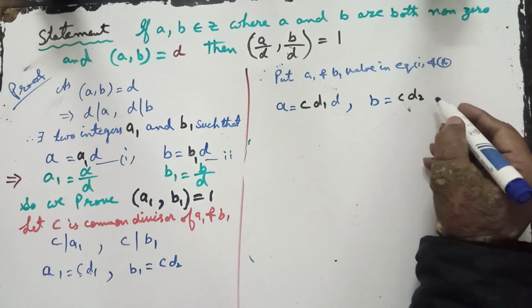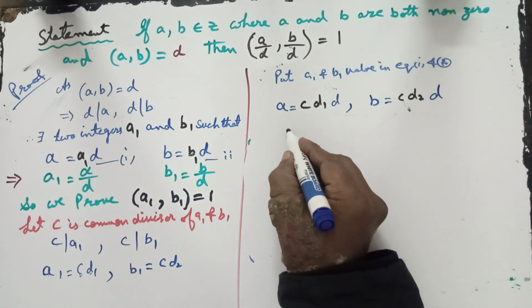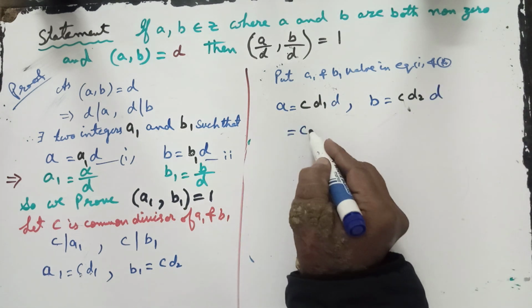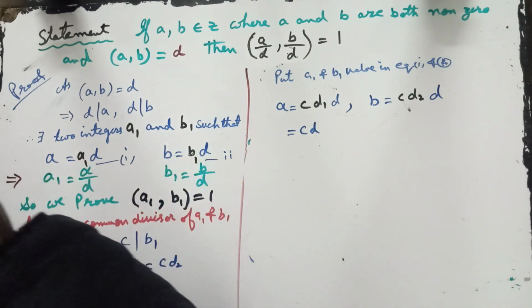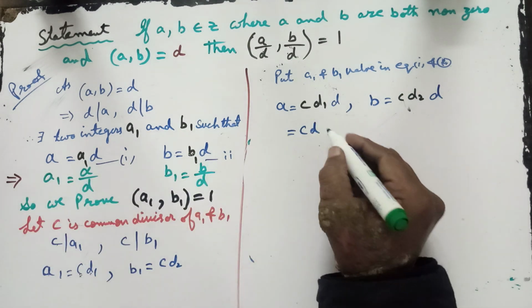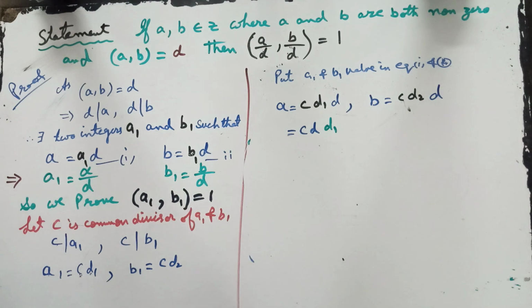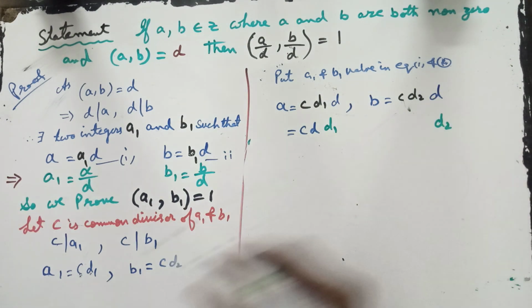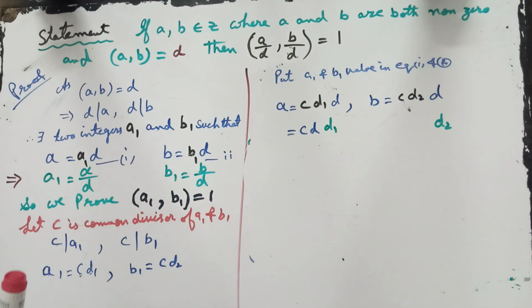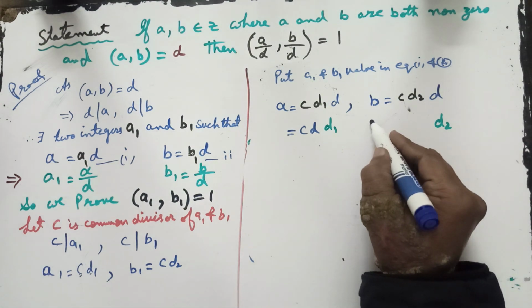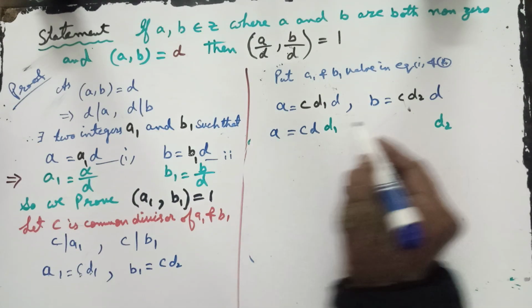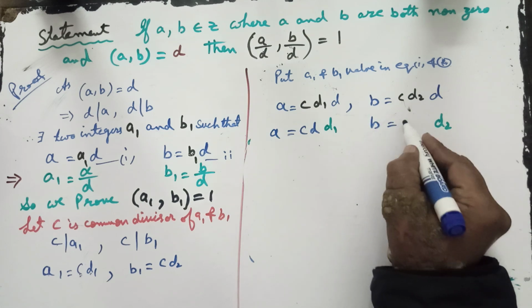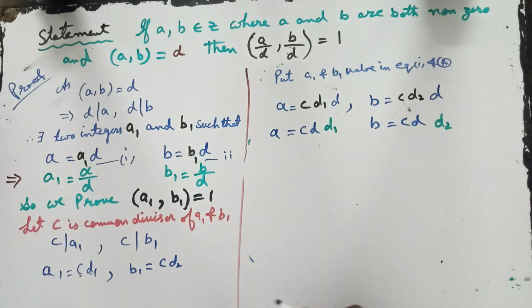Now can I write c d into d1? And here I write d2. Here a and b are equal to c d d1 and c d d2.